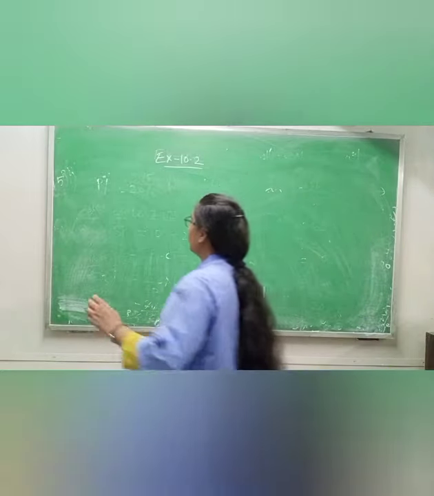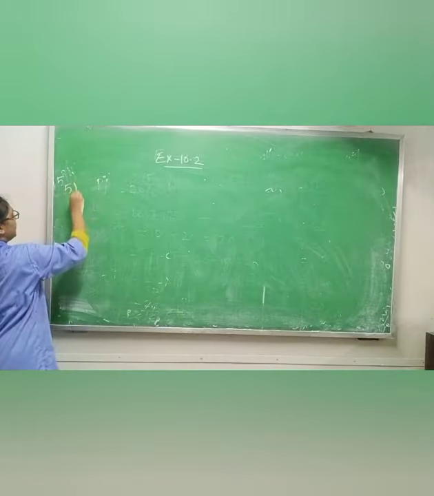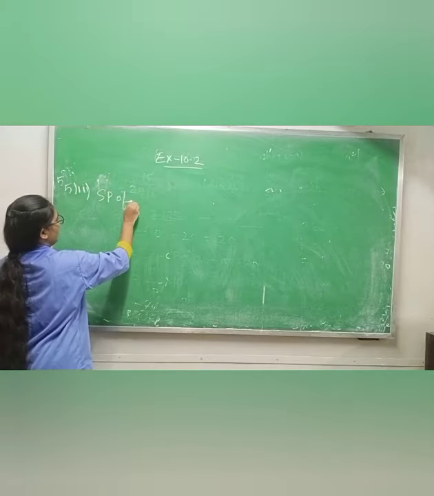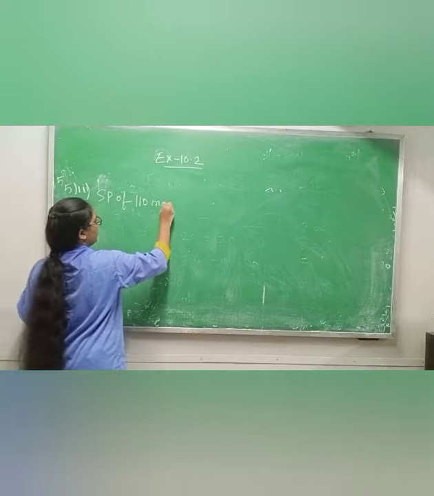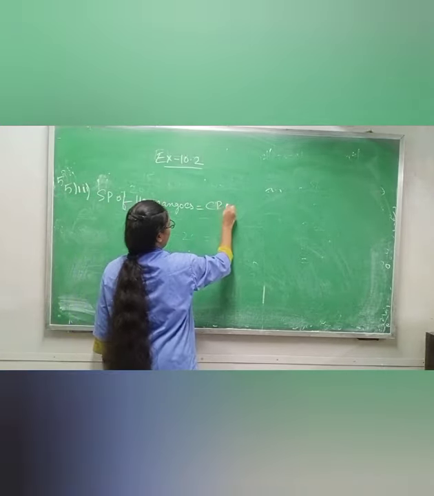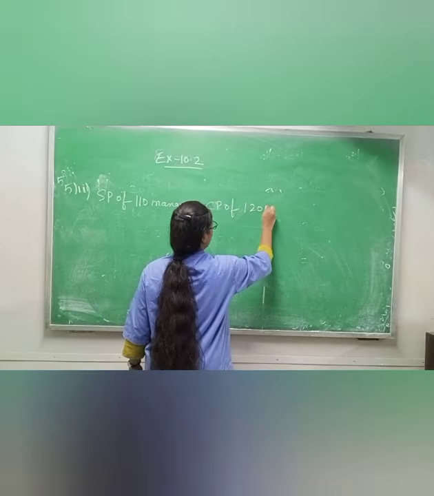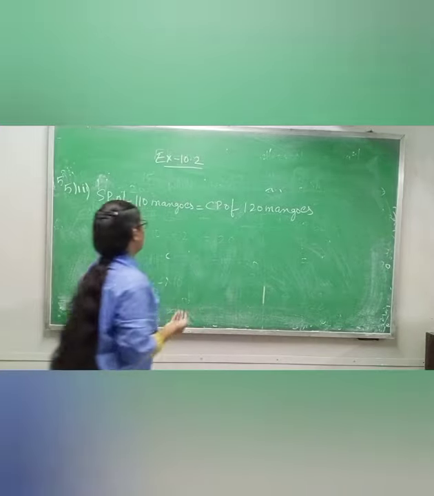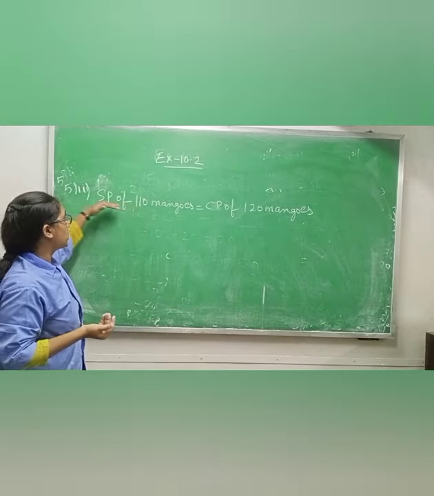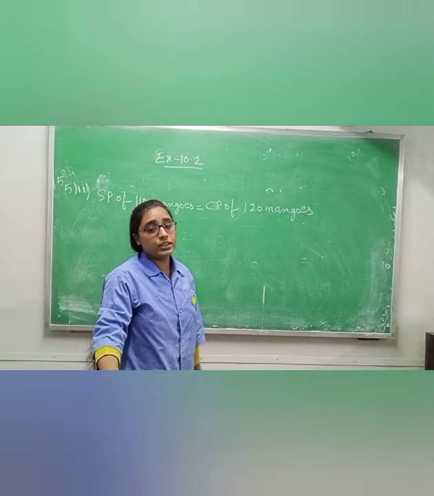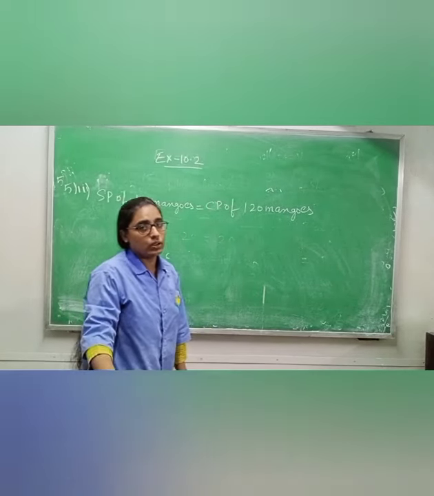Okay, so what you will write, question number 5.3: selling price of 110 mangoes is equal to cost price of 120 mangoes. They have written already, they are telling you that when someone is selling 110 mangoes, then whatever selling price he gets, at that time it will be equal to the cost price of 120 mangoes.